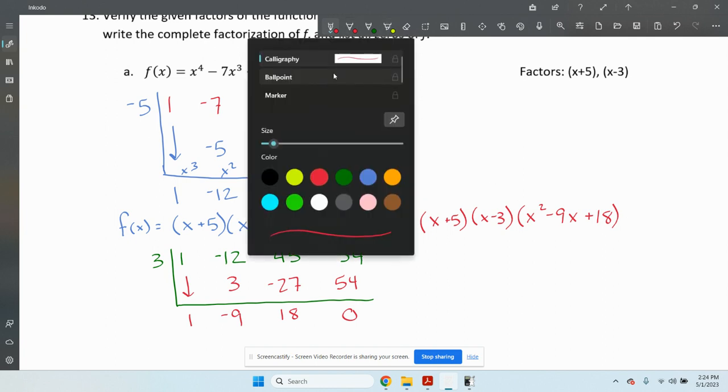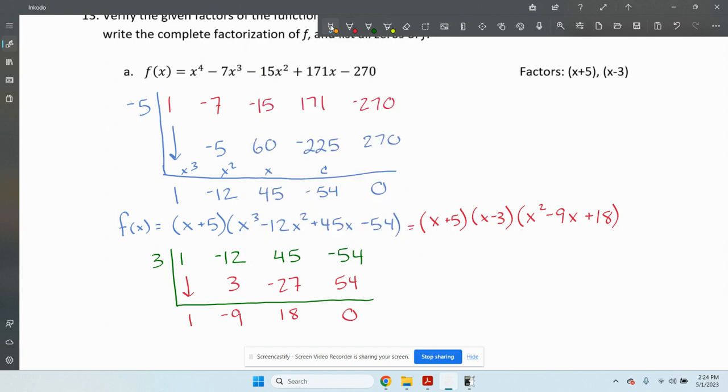Well, this last polynomial here can factor even further. So we have x plus 5, x minus 3, and this is going to be x minus 6, x minus 3. So there's the complete factorization of f.